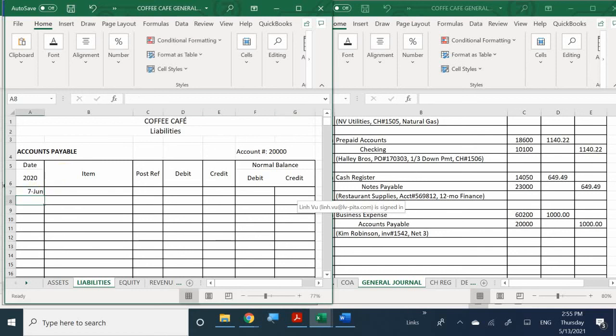It is 6-7. For my perspective, my note here, I'm just going to put the invoice number, because the invoice number should tell me who sent it to me and give me all the details revolving around that particular item. All I have to do is reference this invoice number.